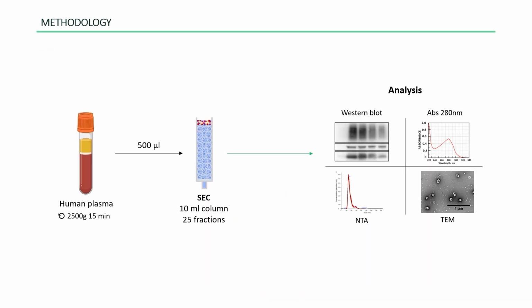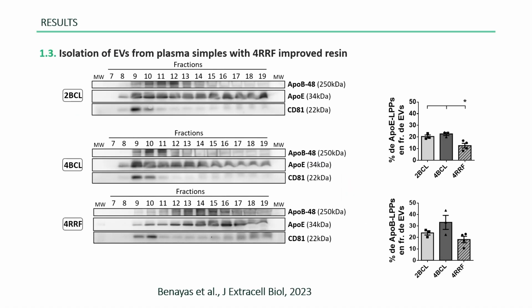Okay, so then we decided to move to human plasma. Here, the abundance of lipoprotein is much higher than in conditioned media from cell culture lines, but we do the same protocol. And as you can see here again, we compare the small bead resin.